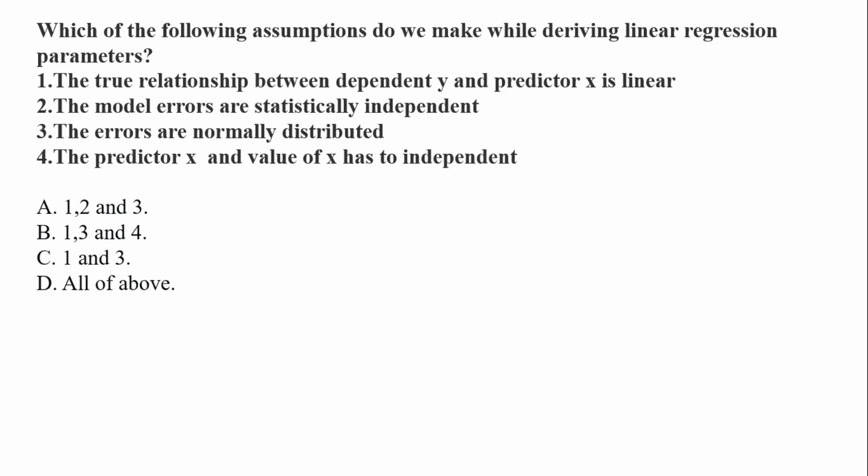ओके, मॉडल का हर एक एरर इंडिपेंडेंट रहना चाहिए, मतलब रिग्रेशन टाइम वो हर एक एरर इंडिपेंडेंट होना चाहिए। करेक्ट। और एरर्स आर नॉर्मल डिस्ट्रीब्यूटेड, तो रिग्रेशन टाइम के लिए एक निकाला है, तो ऑब्वियसली वो लॉजिकली डिस्ट्रीब्यूटेड होना चाहिए एरर्स, ठीक है। और प्रेडिक्टर x एंड वैल्यू ऑफ x, जो x होते हैं वो इंडिपेंडेंट होते हैं। और फिर नेक्स्ट क्या लिखा है उसकी? वैल्यू ऑफ x, वो क्या होता है?